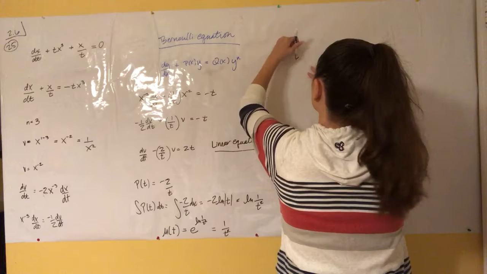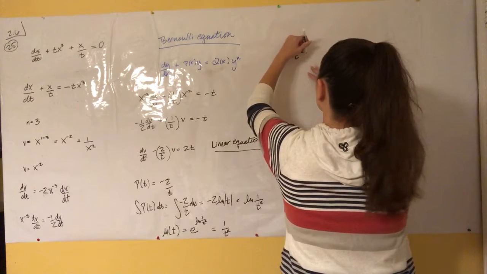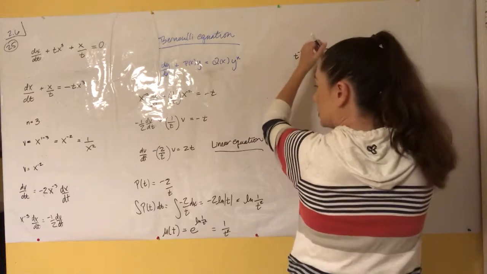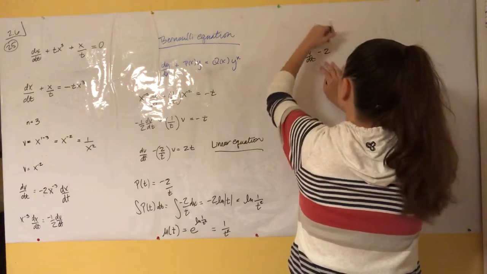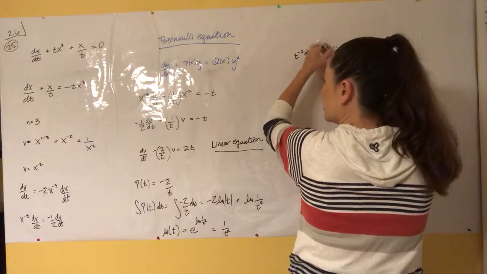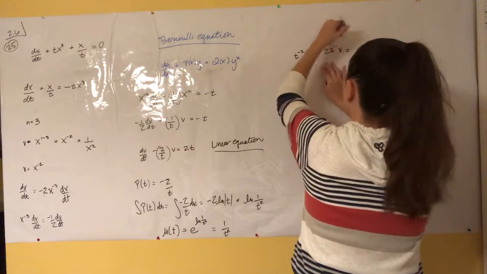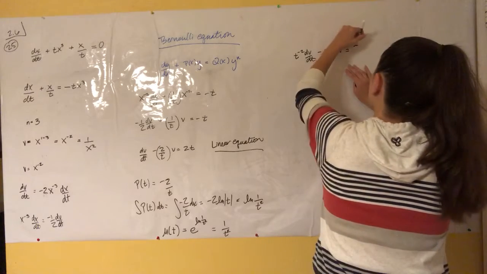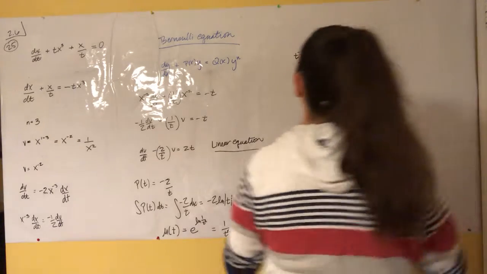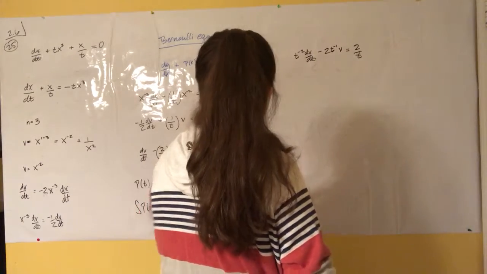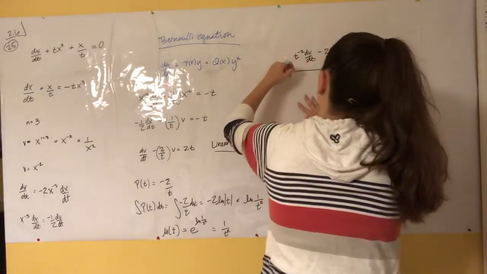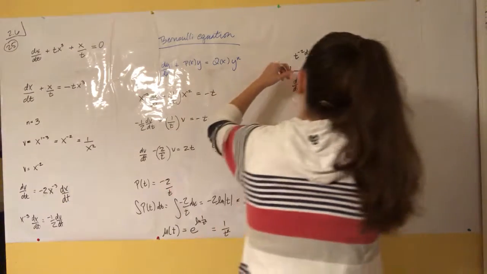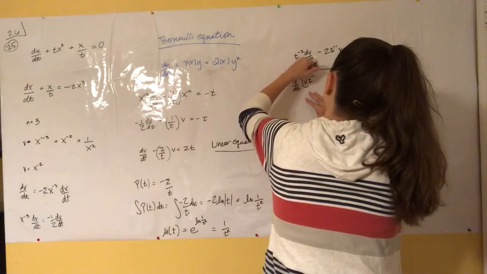So okay. And then this, you can see, is the derivative of v times t to the -2.